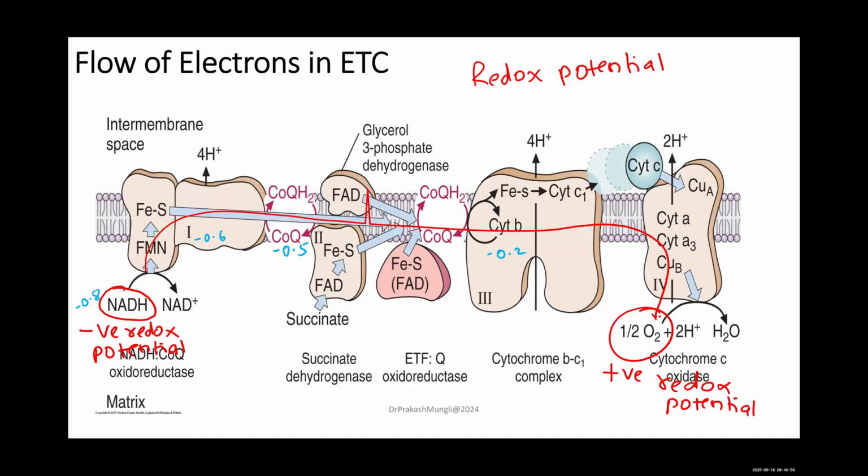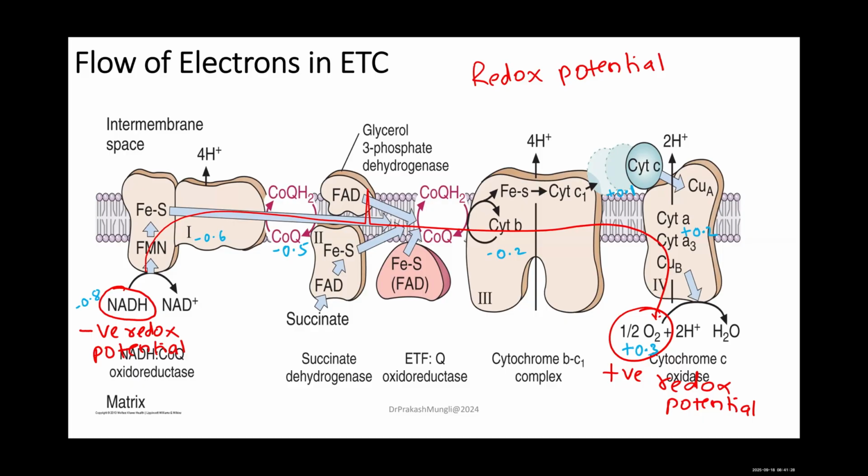And then cytochrome C, I'll write plus 0.1. So I'm going towards plus now. And then complex 4, I'm going to write plus 0.2. And then oxygen, I'll write plus 0.3.